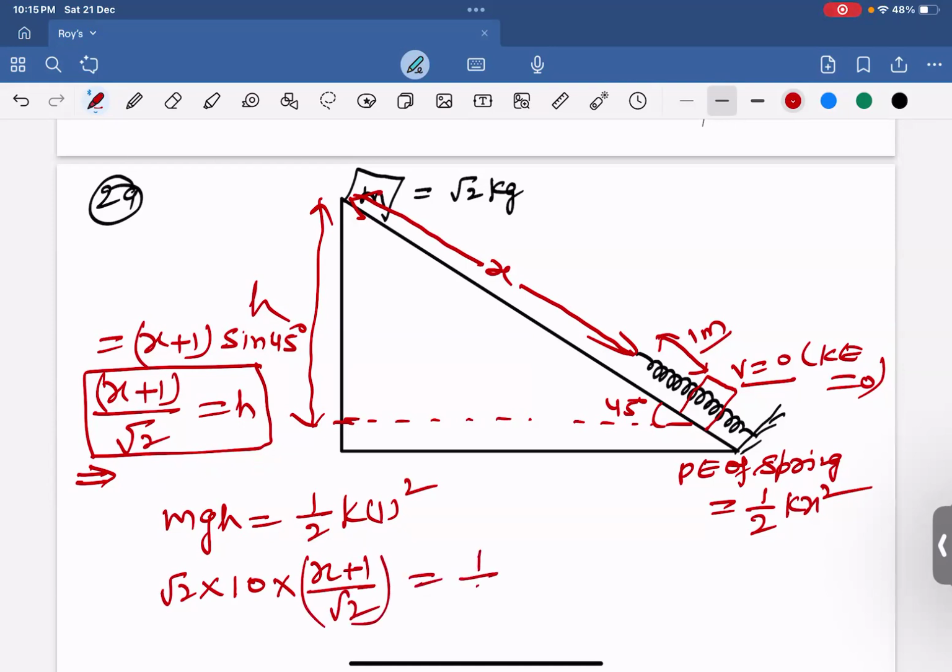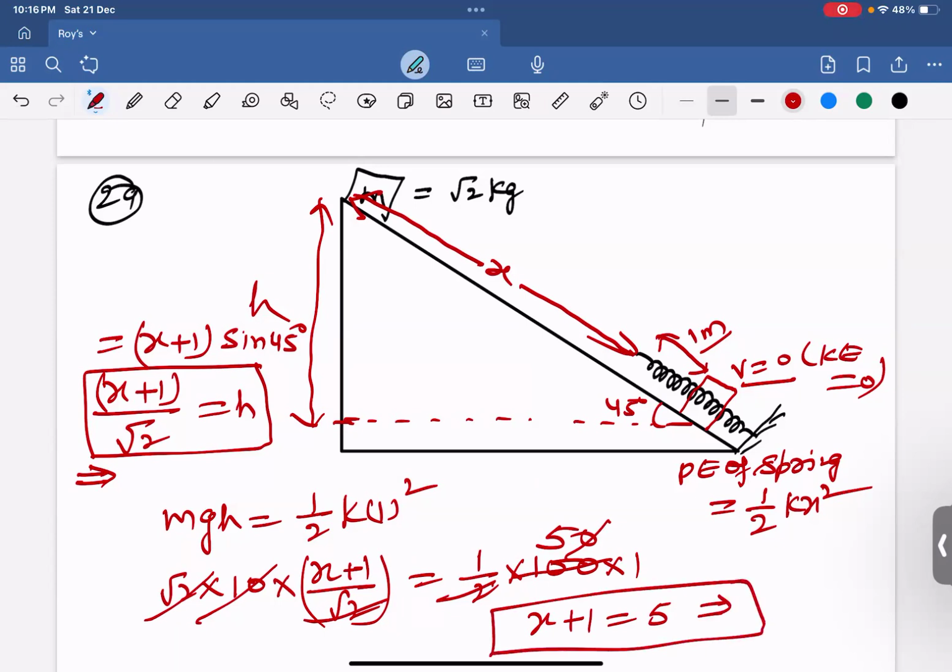And this side k is given as 100, and compression is 1 only. Root 2 cancels. This 2 I can cancel as 50. This 10 I cancel as 5. So I find x plus 1 is equal to 5. And my answer is not x.